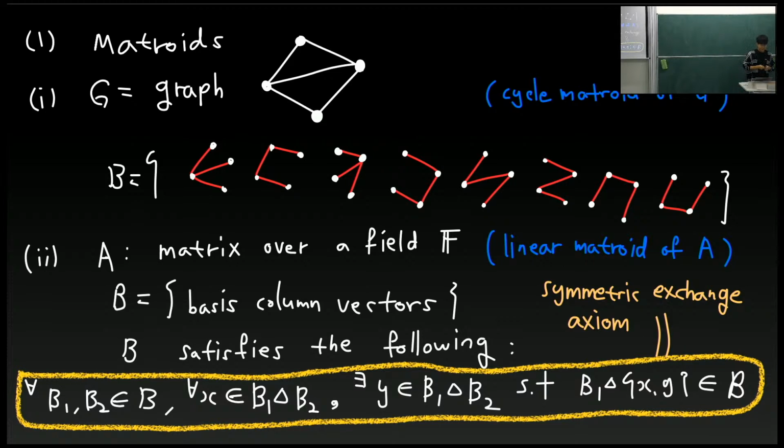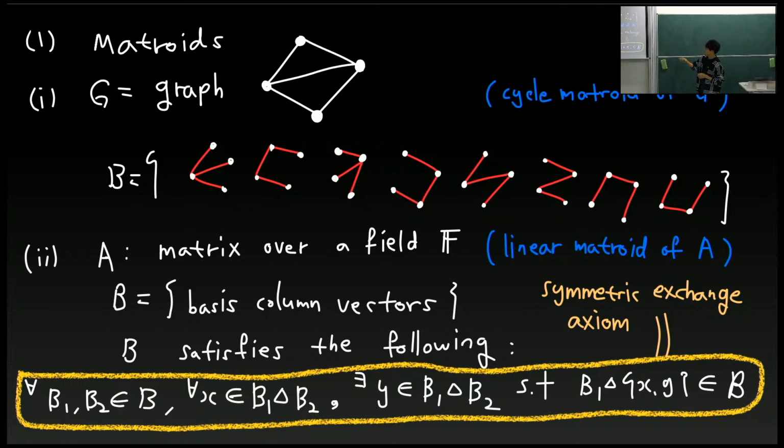The second example comes from a matrix. Let A be a matrix defined over a field F. Then we consider the collection of the subsets of column vectors which form a basis of the column vector space. Then this collection also forms a matroid, which is called the linear matroid over matrix A. These collections which define a matroid satisfy the following property.